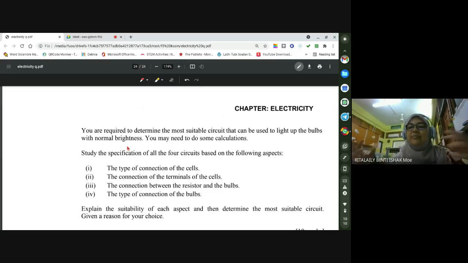Different polarity. Okay, why? As long as your answer is different polarity, then it is correct. Why do we need to connect it to different polarity? It will attract what?